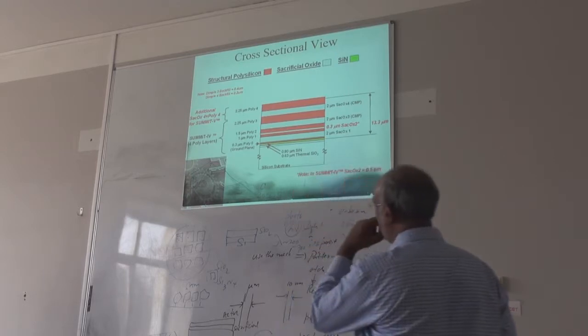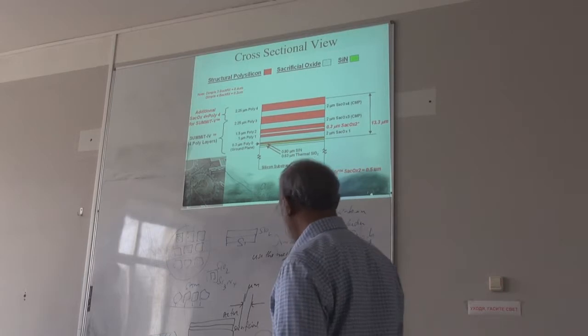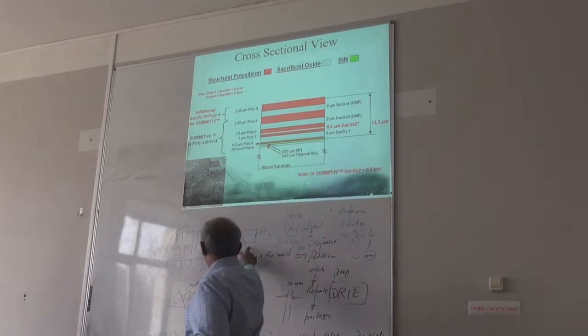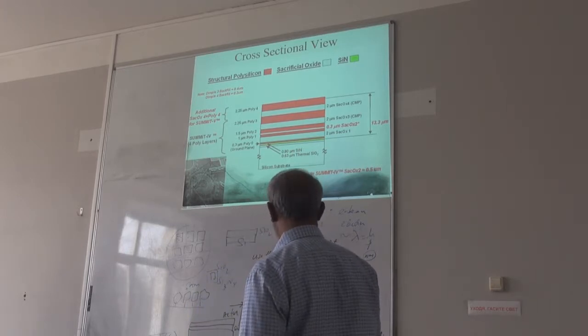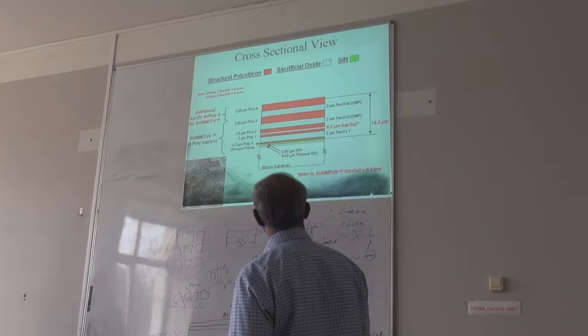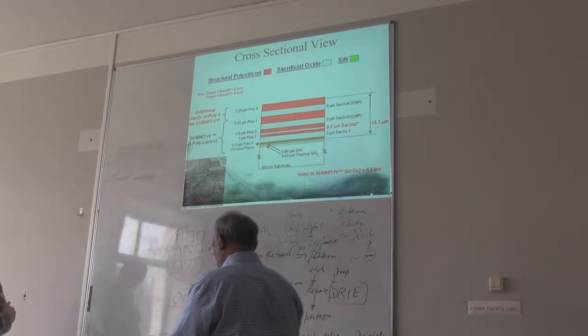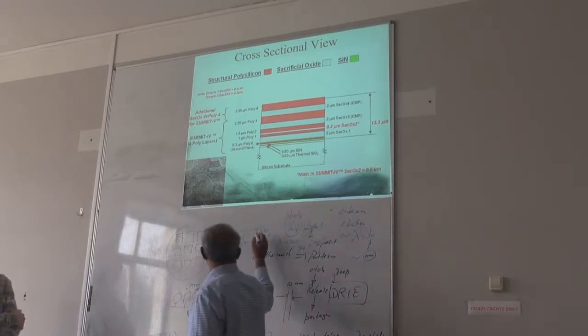Okay, so here is a standard sample when you start. This is your silicon substrate. Then you have silicon dioxide here, SiO2. This is the sacrificial layer.